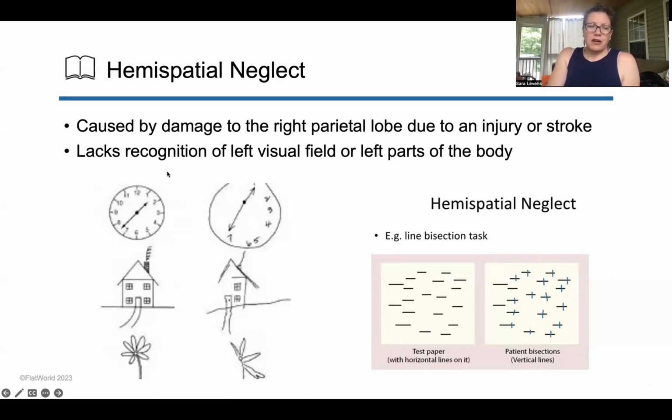You can see here that if you ask them to draw a clock, they basically get half of it. If you ask them to draw the house, they draw half the house. If you ask them to draw the flower, they draw half the flower. If you ask them to close their eyes, picture themselves at home plate on a baseball field and report what they see, they will describe first base, second base, an outfielder over there, maybe the center back.